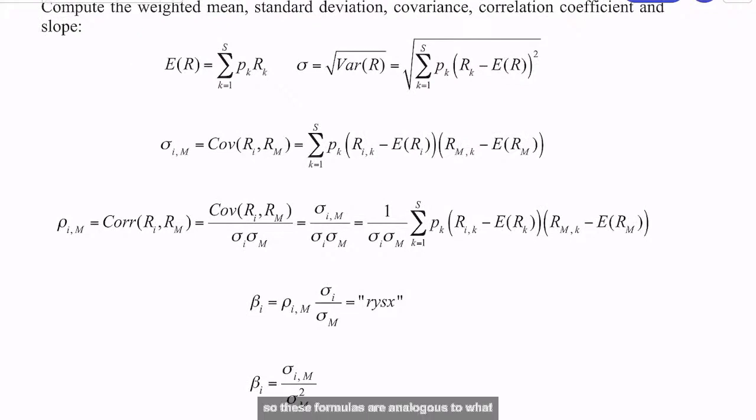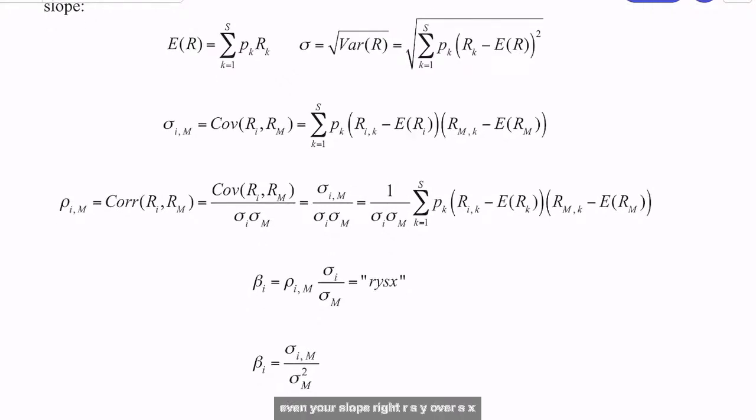So these formulas are analogous to what you've seen before, just for financial data. Even your slope, rho times SY over SX, it's just more specific that it's between the individual stock returns and the market, M for market. But that's just like X and Y, or sorry, Y and X.